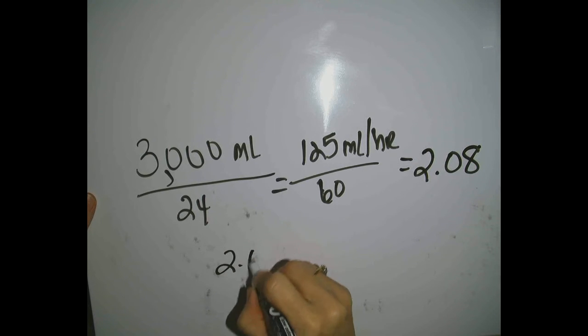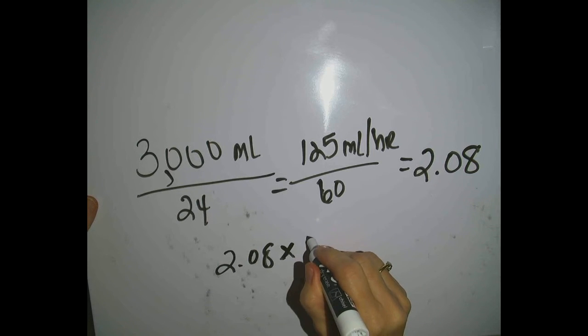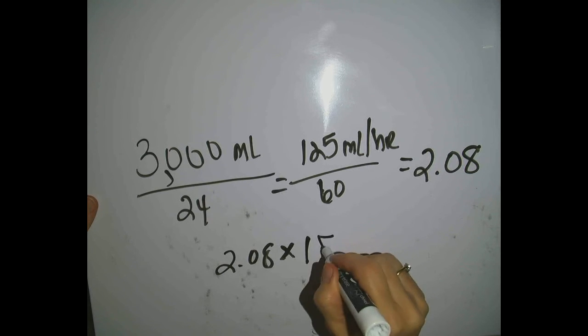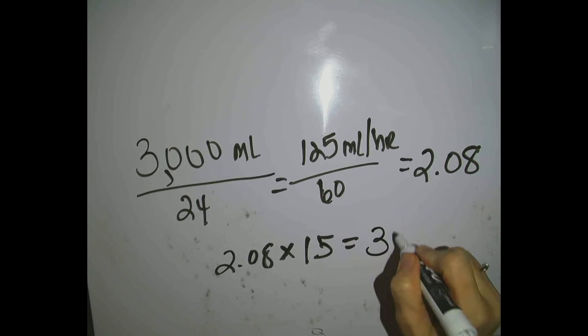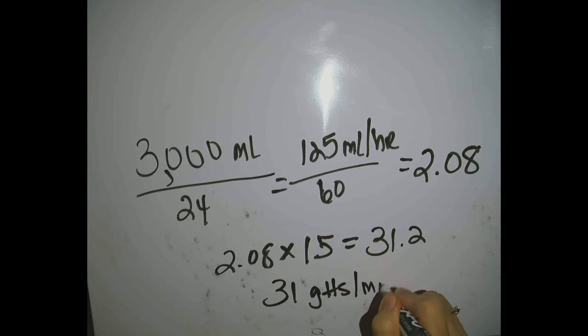We take our minute rate and multiply that by the drop factor on the tubing, which in this example is 15 drops per milliliter. And so then we come up with 31.2, which was in our example above. So that would be rounded to 31 drops per minute.